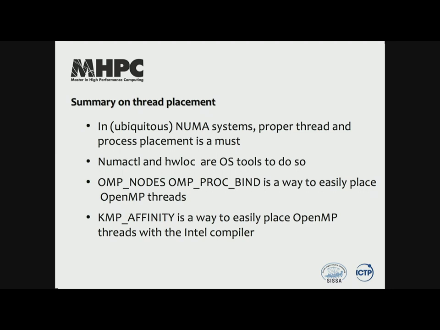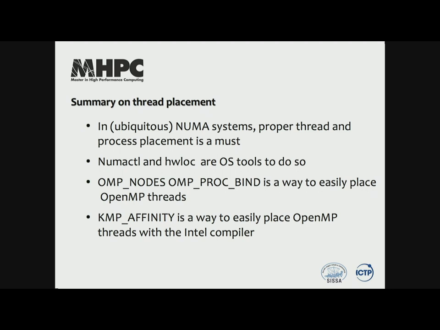In a ubiquitous NUMA system, thread and process placement is a must. Of course, you have a lot of tools to do that: numactl, likwid, and hwloc. You can also play with environment variables to do that. And if you play with Intel, that is highly recommended, because the Intel compiler is quite good at optimizing the code.